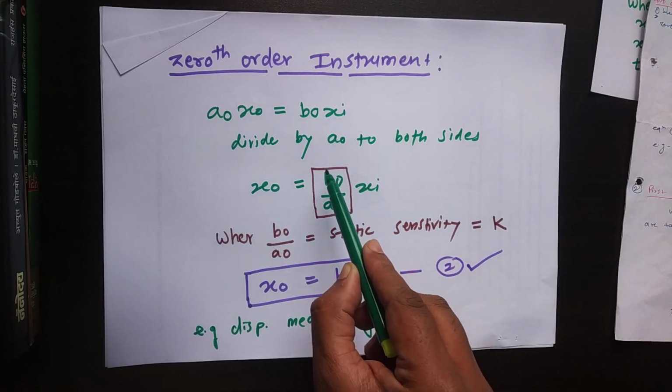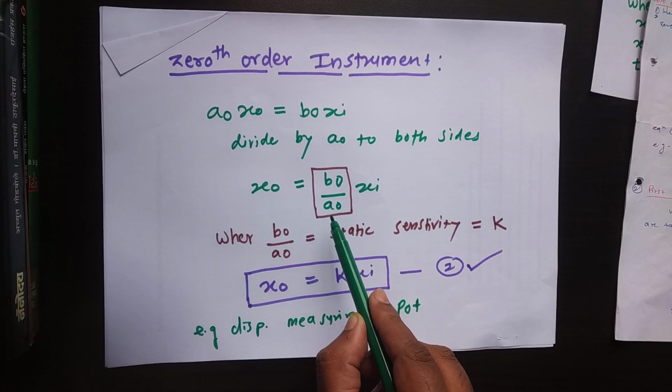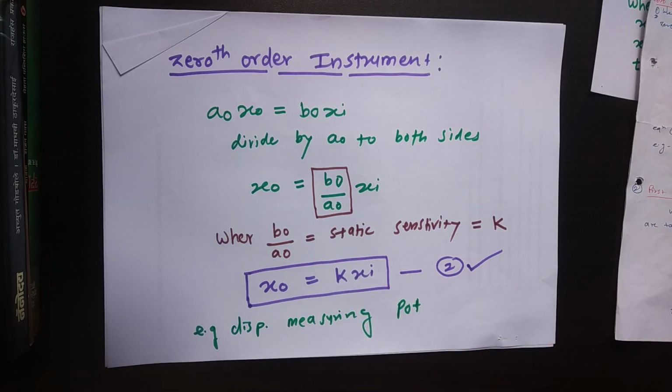So we can write this b0 upon a0 as k, that is the static sensitivity. Then you get x0 is equal to k xi. So our equation 2 is nothing but the equation for the zeroth order instrument. And one of the examples of the zeroth order instrument is the displacement measuring pot.